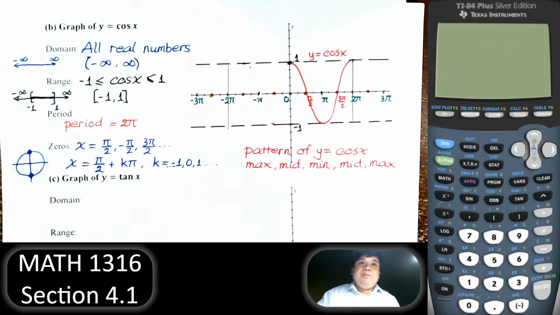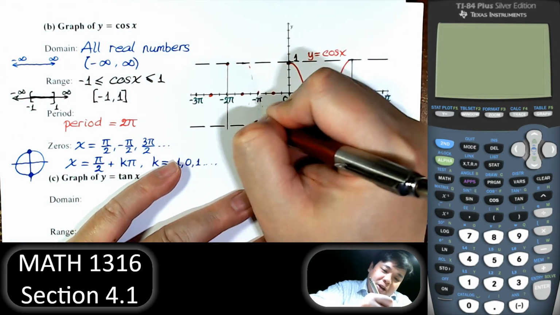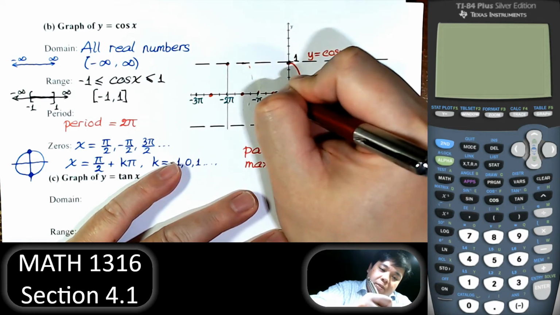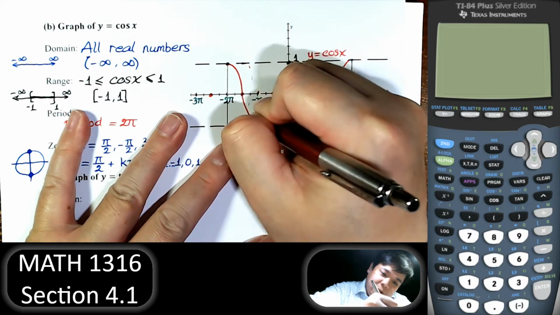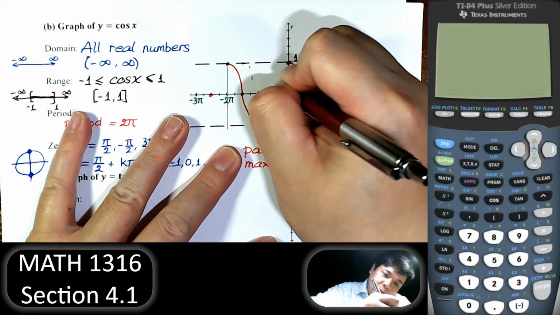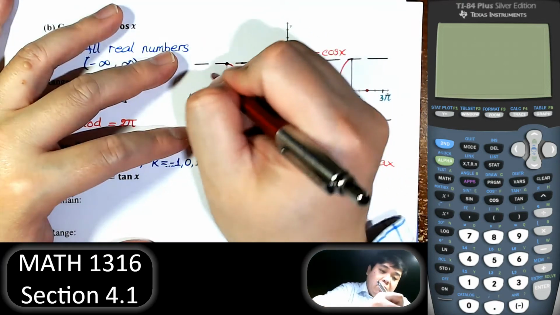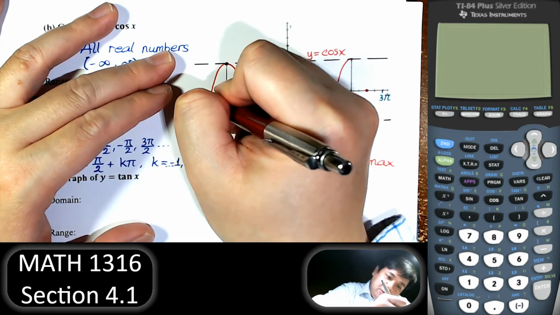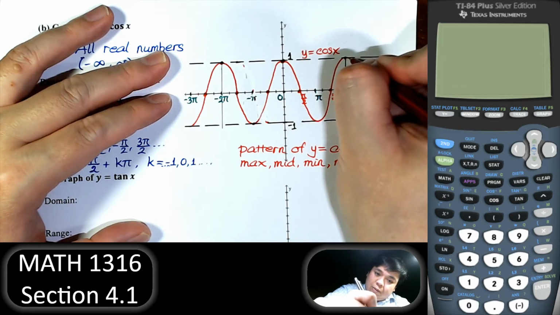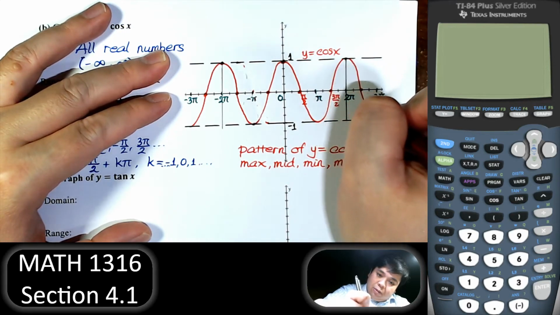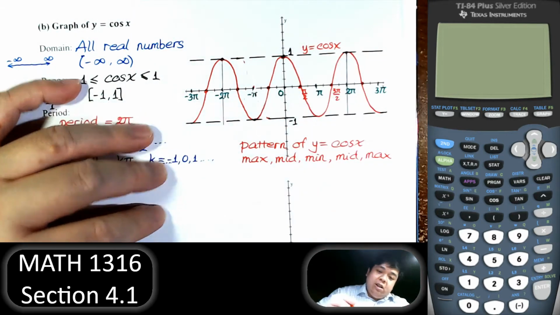Within one period, we have the maximum, middle, minimum, middle, and max. Hold like that, and I'll just copy and paste throughout the number line. So this is the graph of y equals cosine of x, and this is the pattern.